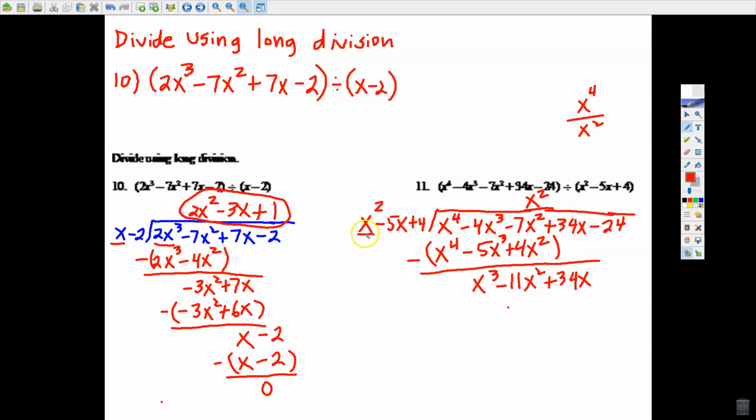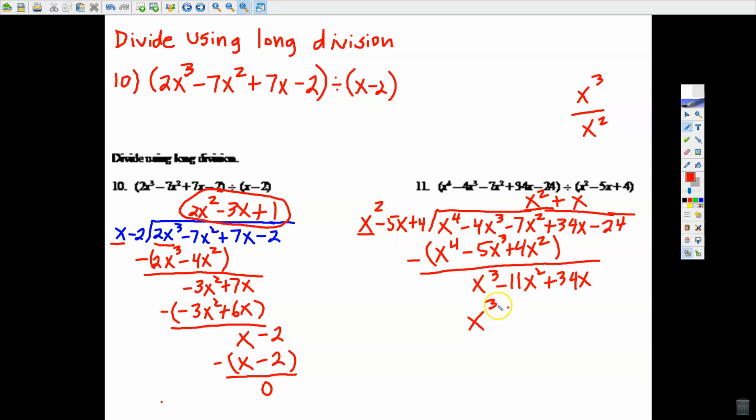And then repeat. So now you're dividing x squared into x to the third. So it looks like this. X to the third divided by x squared is x to the first. You subtract the exponents. Now multiply x times all three of these terms. X times x squared is x cubed.